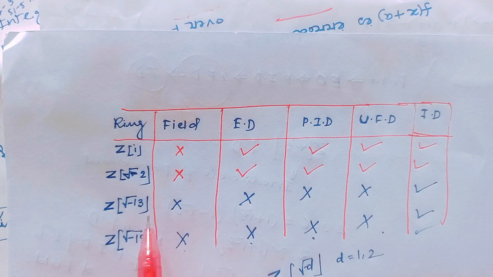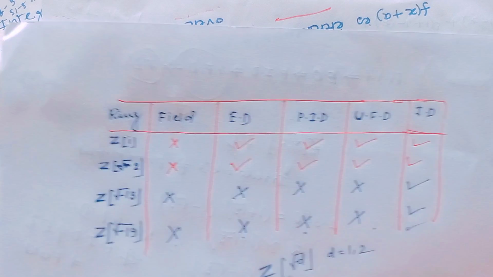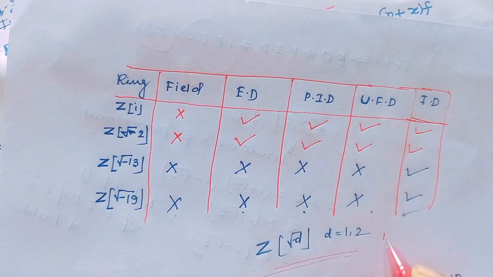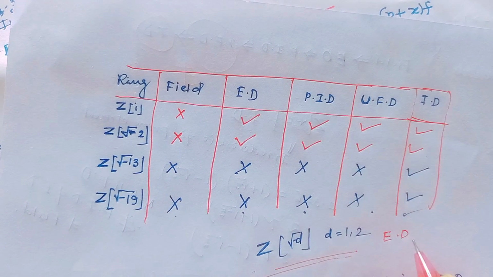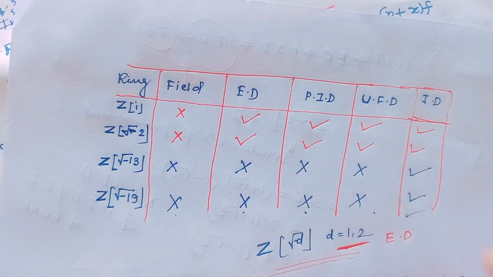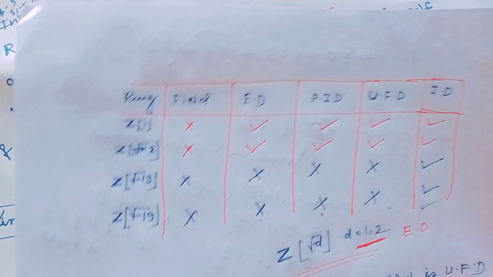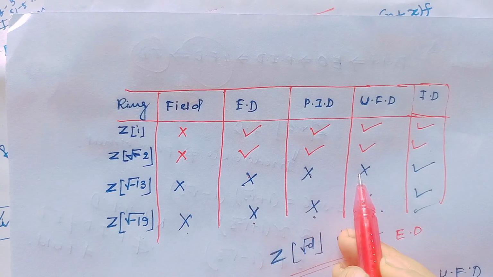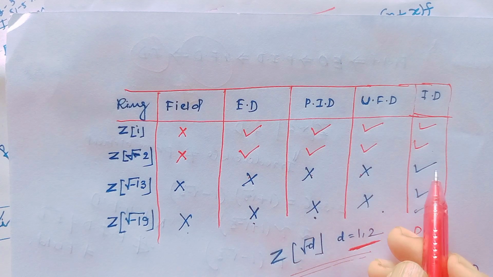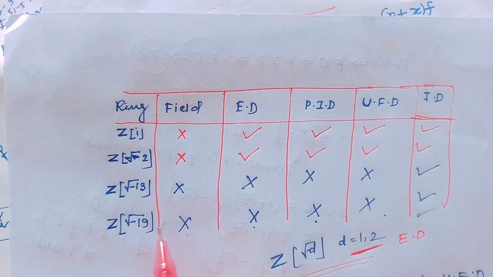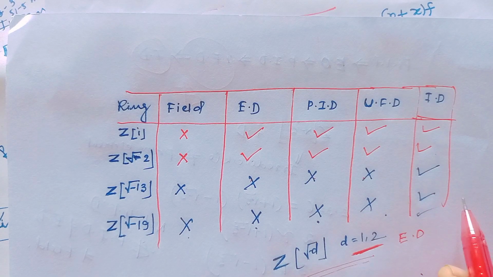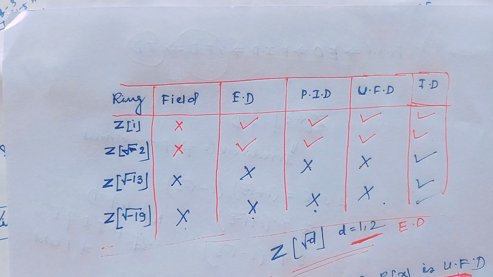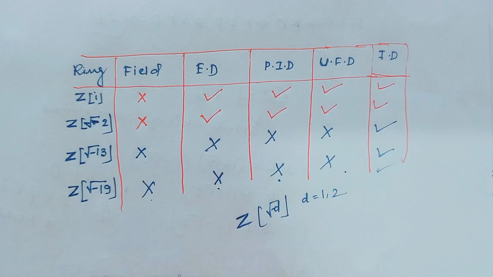Z square root of minus 13, which I have seen a few minutes ago, Z square root of minus d is a Euclidean domain only when d equals 1, 2, otherwise this is not true. So this is not Euclidean domain, not P.I.D, not U.F.D, only integral domain. Similarly Z square root of minus 19, only integral domain. This table is actually very important. Okay, just a nice result.